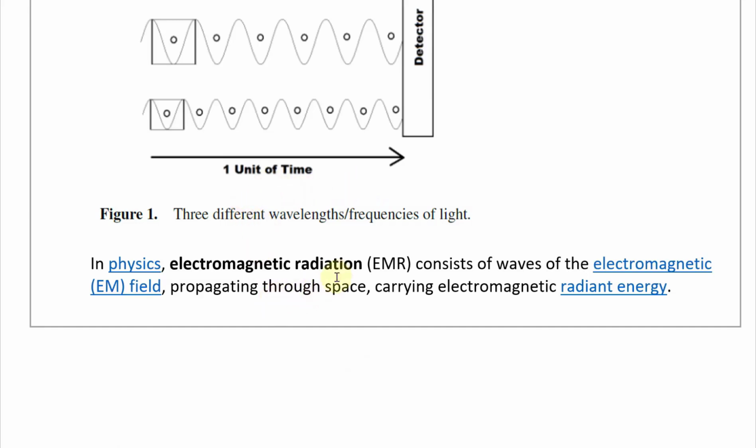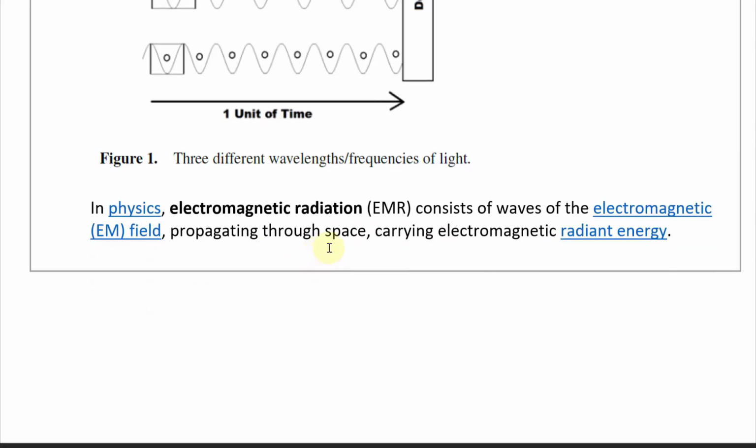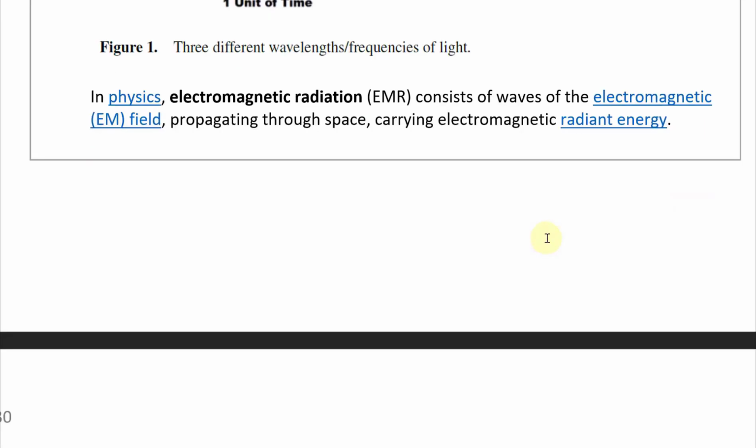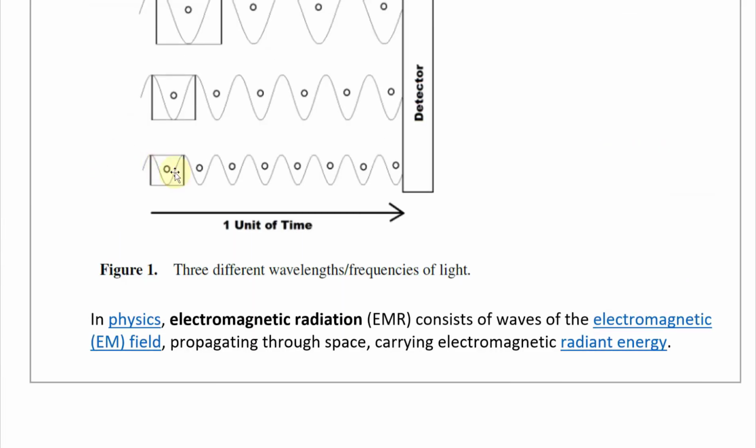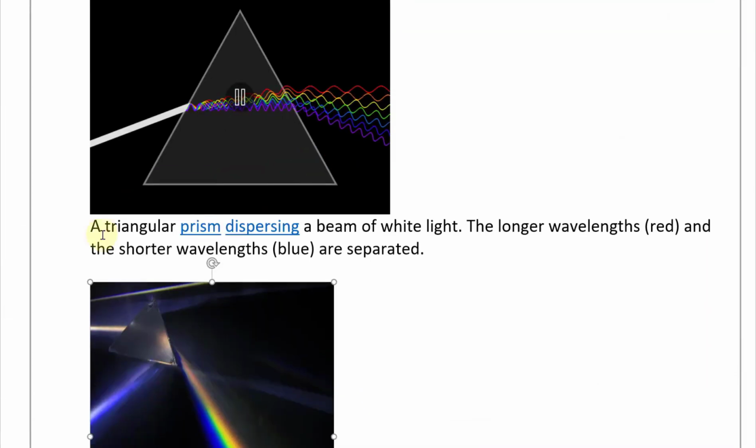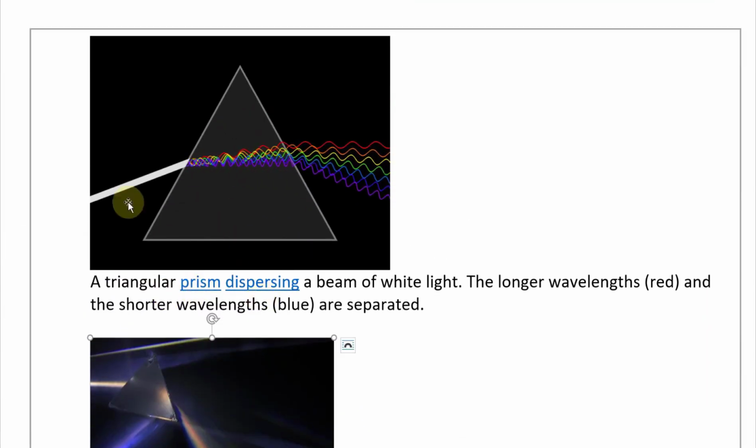In physics, electromagnetic radiation, or EMR, consists of waves of the electromagnetic, or EM, field propagating through space carrying electromagnetic radiant energy, such as these little dots there. Continuing further, here's an image of a triangular prism, a glass pyramid, or in this case 2D, dispersing a beam of white light.